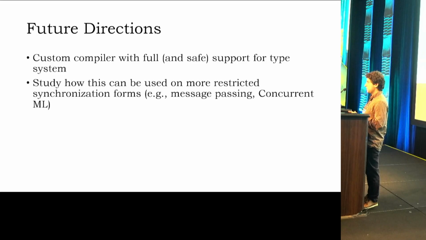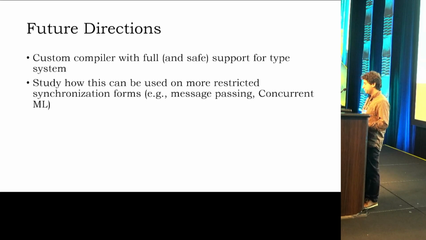Also, the synchronization mechanisms that we study, mutexes and condition variables, are quite general, and they can be used to implement a number of weaker synchronization primitives. So I have on here message passing, concurrent ML, many other examples. And it would be interesting to see if we could use maybe relaxed versions of our typing restrictions to incorporate these ideas as well.